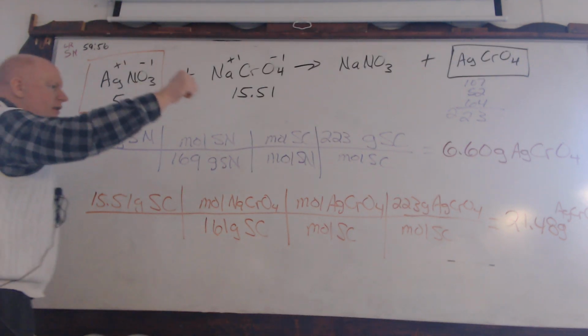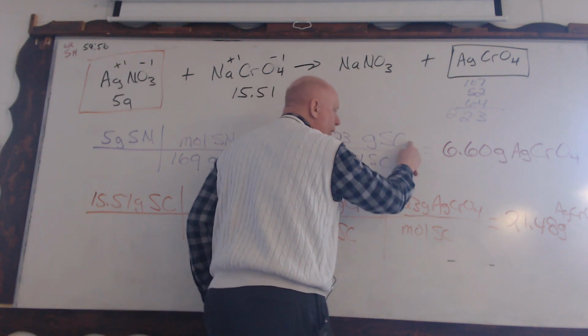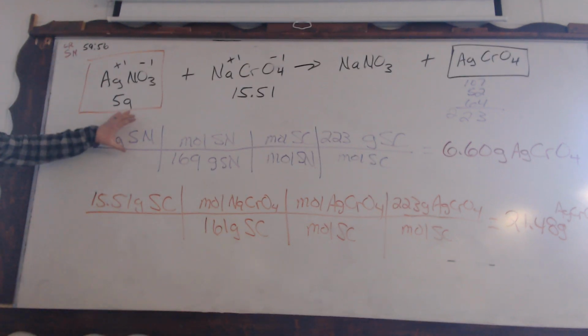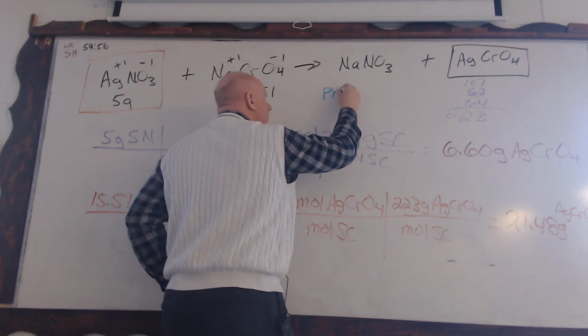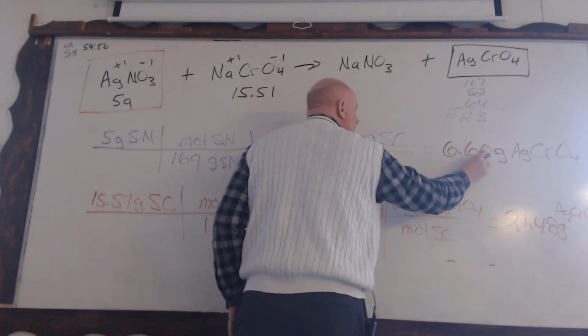I understand we're calculating grams of silver chromate in both cases, but this one is not our limiting reactant. This one is. So now you can do your percent yields, and hopefully this gives us good data. Your percent yield would say we are supposed to get 6.60.